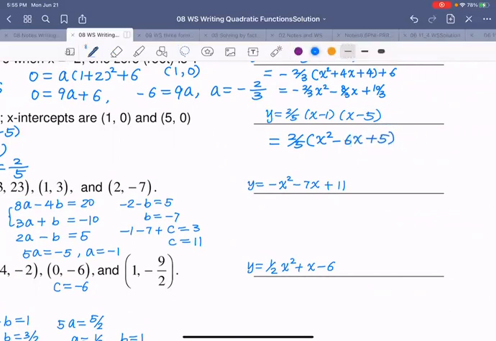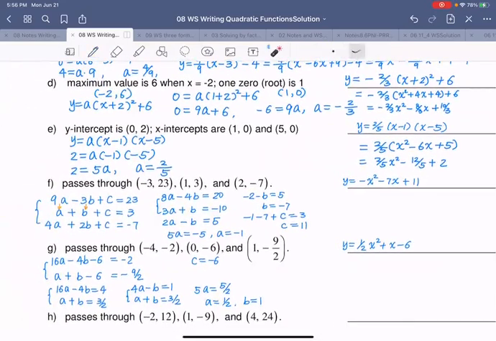And then it would be 2 over 5 x squared, then negative 12 over 5 x, and then plus 2. Very good. That's it. How do you feel about those questions now?